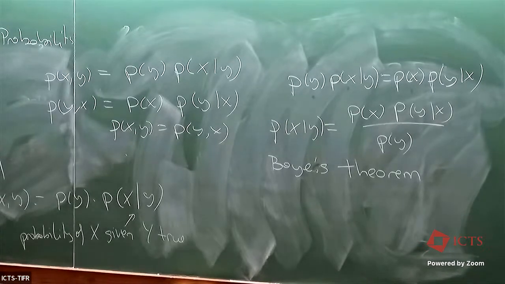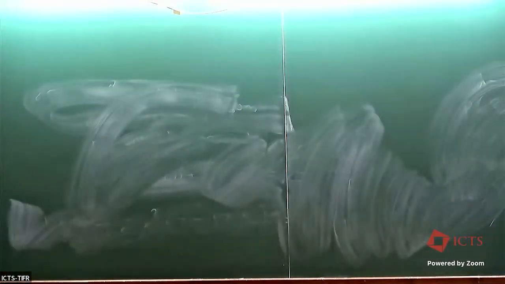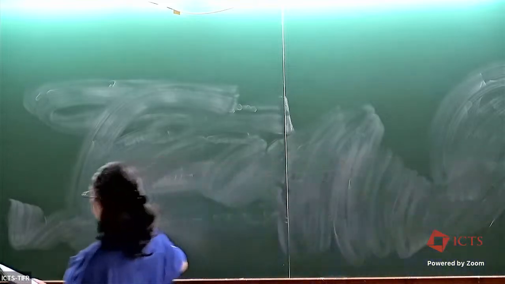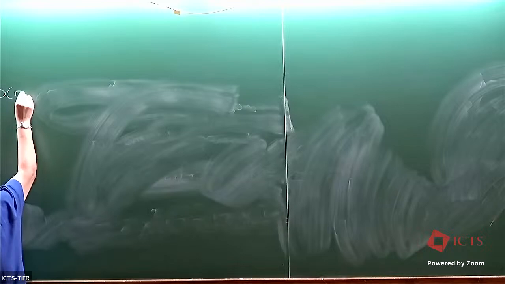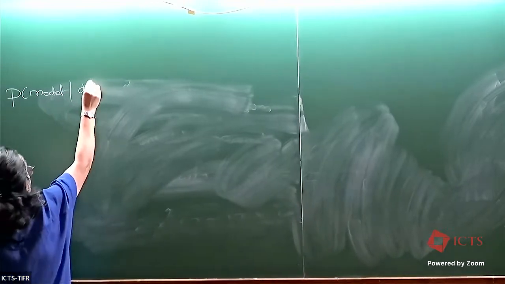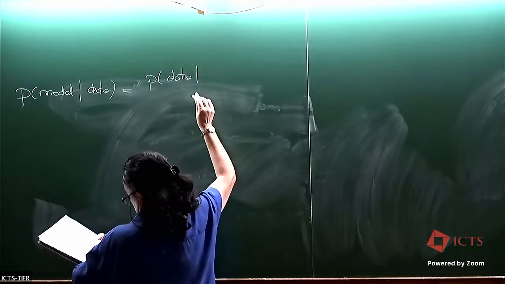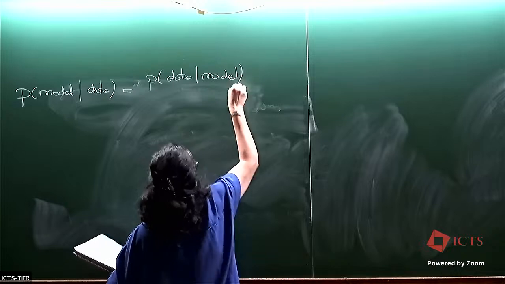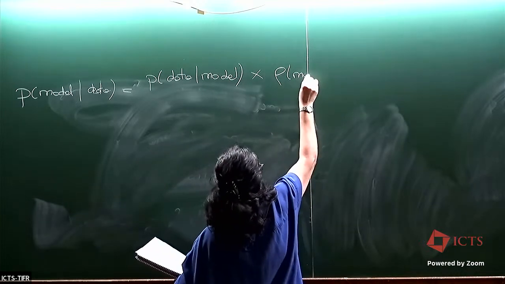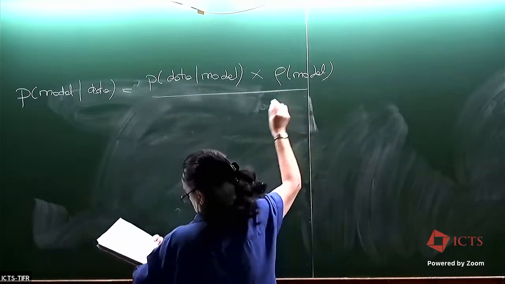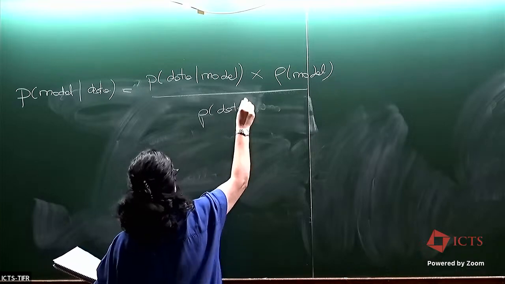I can rewrite the Bayes theorem a bit nicer. I can write the probability of a certain model given my data as equal to the probability of the data given a model, times the probability of the model, divided by the probability of the data.